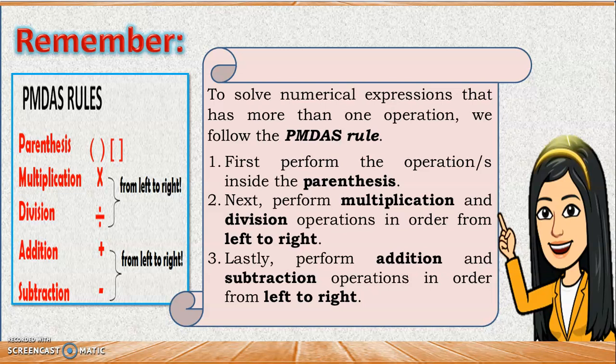Next, perform multiplication and division operations in order from left to right. Lastly, perform addition and subtraction operations in order from left to right. Okay? Don't forget the PMDAS rule, children.